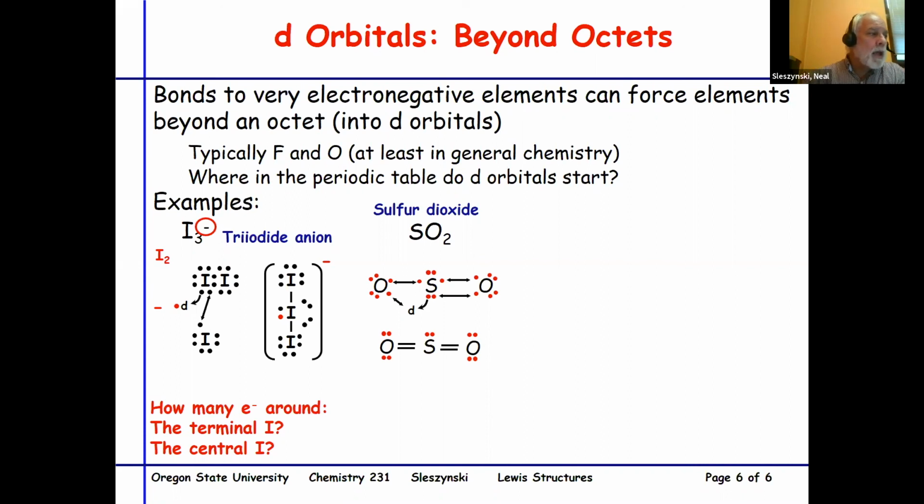If we take a look at the electrons around each oxygen, we see 2 pairs of unpaired electrons. That's 4 electrons. We have double bonds. That's another 4 electrons. Each of the oxygens has achieved an octet. Sulfur, on the other hand, has 2 non-bonding electrons and then a double bond with each of the oxygens. That's 4 electrons involved in bonding.